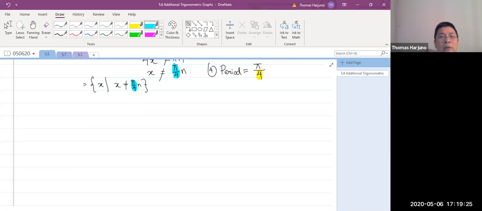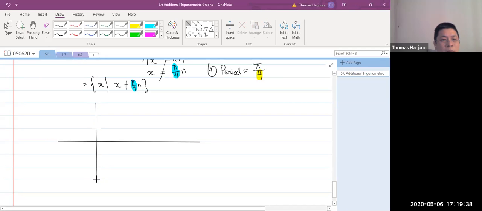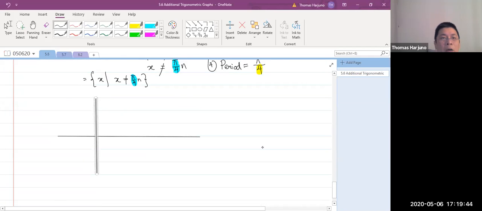Now, let's say I try to sketch the graph. The period is every pi over 4. That's the asymptote. So let's say this is pi over 4, another pi over 4, another pi over 4, and another pi over 4. 0 times pi over 4 is here, right?